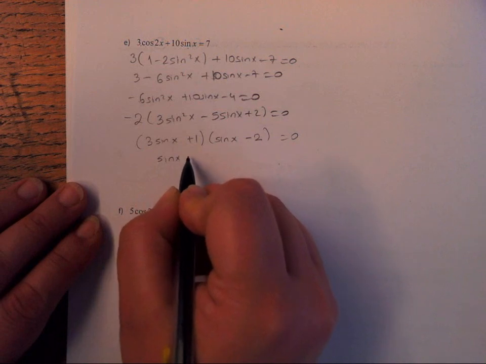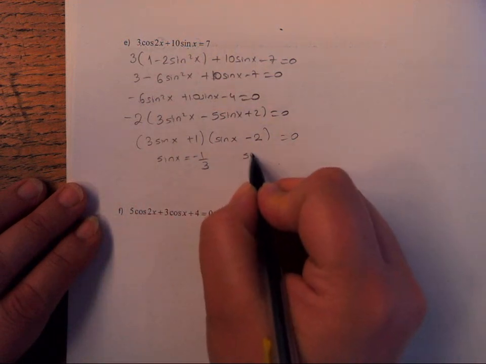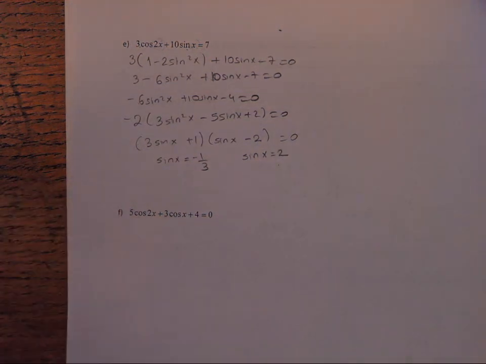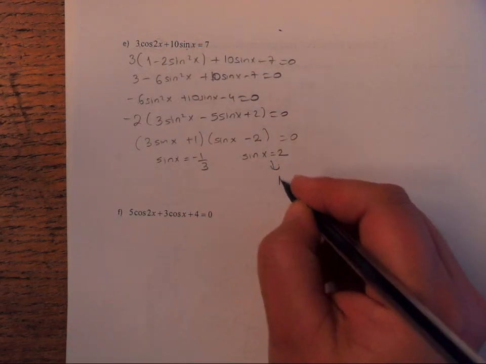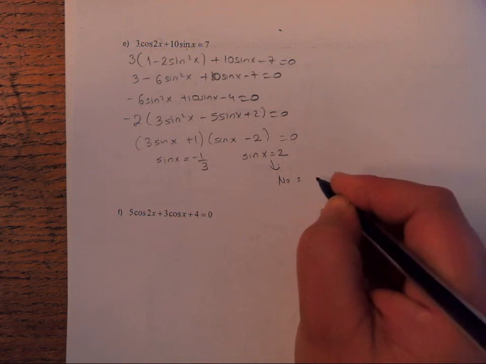Then we get sine x equals -1/3, sine x equals +2. Again, sine x cannot be greater than 1. So this part will give you no solution.